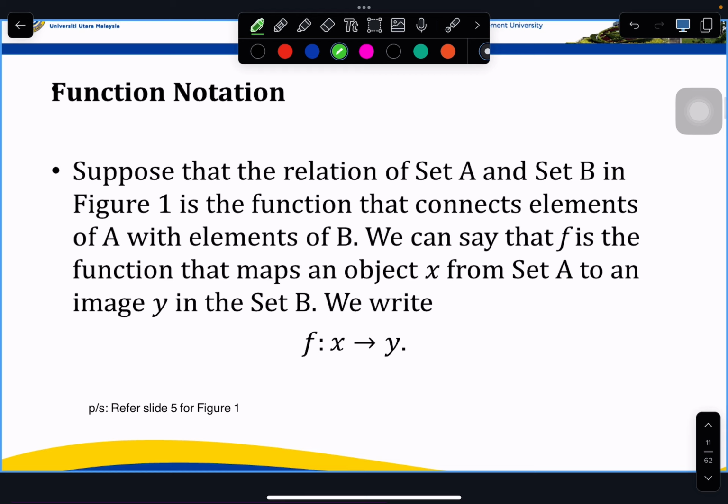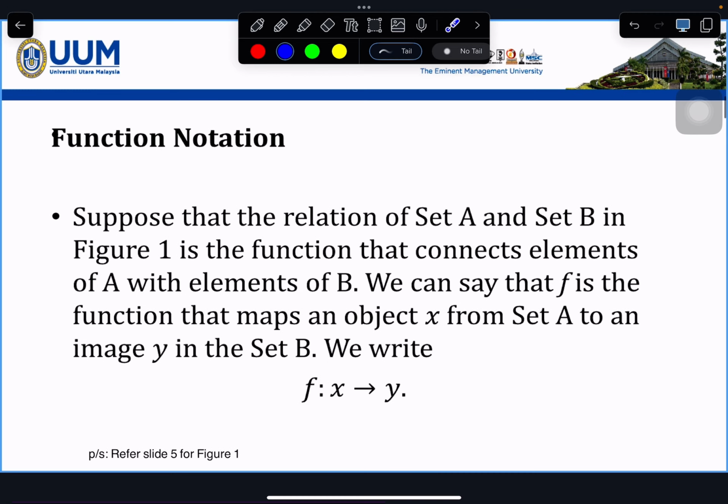Alright, so next one is function notations. So my question is, do you know what is a function? What is notation, guys? What is notation?